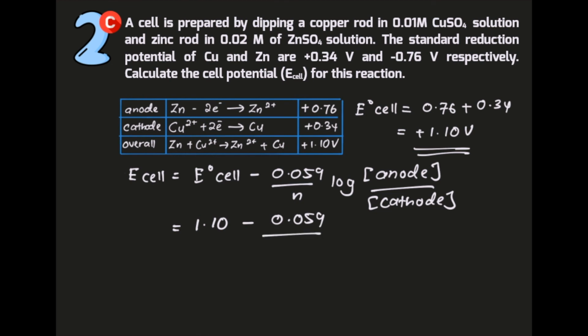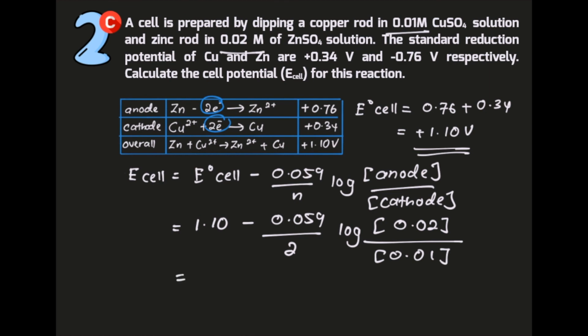So what is your n? n is the number of electron here, so definitely your n is going to be 2. Log, concentration of anode, what is your anode? Zinc, right? So the concentration of zinc is 0.02 molar, and your cathode is the copper, so 0.01 molar, right? So from there you should be able to get your E cell equivalent to 1.0911 volts. So this is the final answer for the last question, which is question 2C.